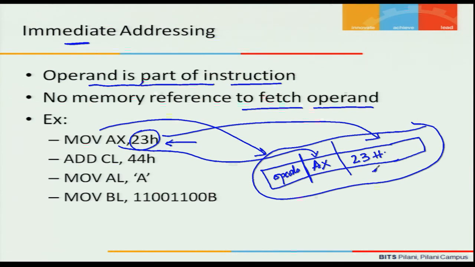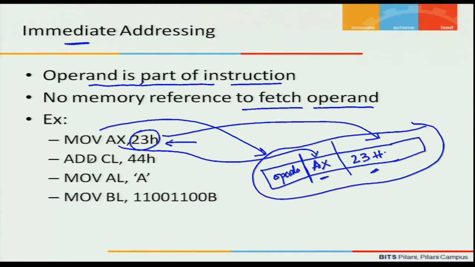All that I will do when I execute this instruction is take this value which I already have, that is 23 hex, sign extend it and put it in the AX register. Remember that 23 hex is 8-bit, AX is a 16-bit register, so you need to do a sign extension and put the value in the AX register.